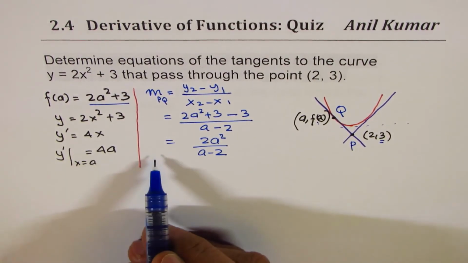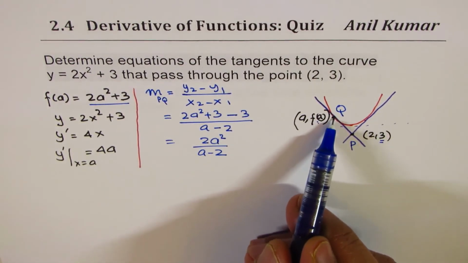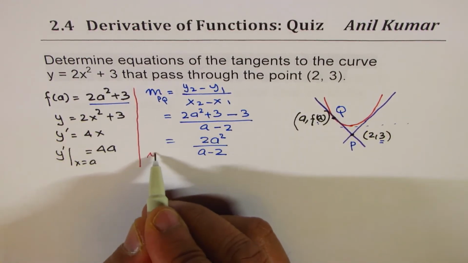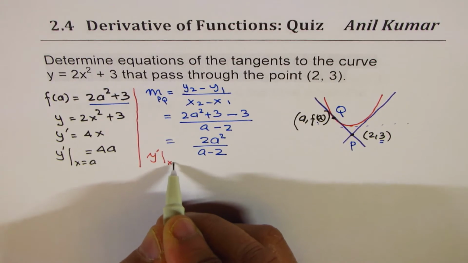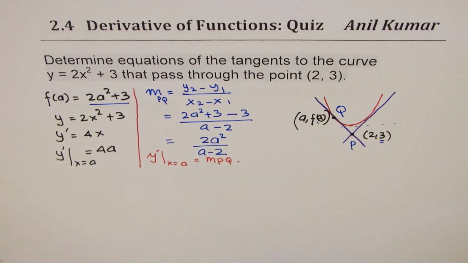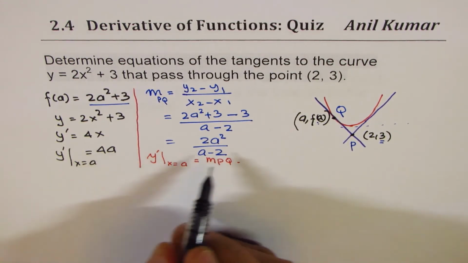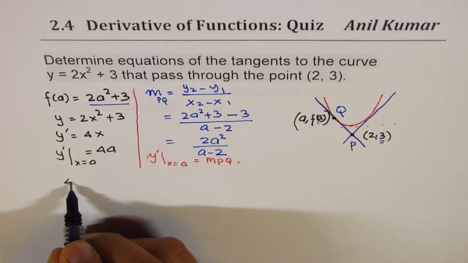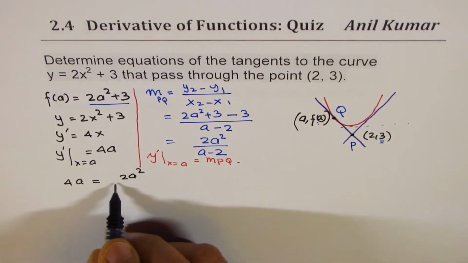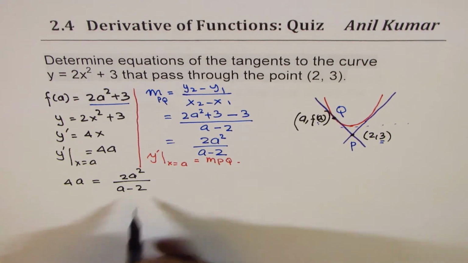Now both these slopes are at a point A, right? So that means y dash at x equals a should be equal to m PQ, right? So that gives us an equation to solve. So we get here 4a equals 2a squared over a minus 2. Perfect.